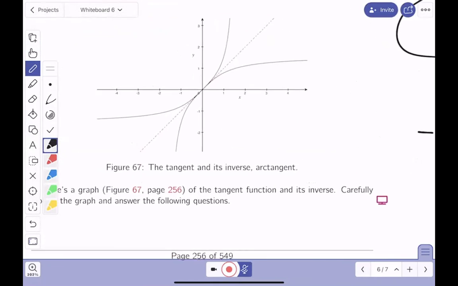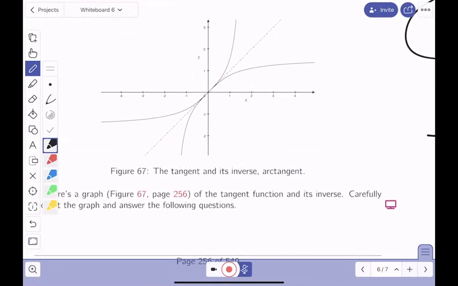This was a little strange looking. So I'm going to say this is tangent, its inverse. Well, I think you know what I'm going to do. I'll write this down. Y equals x. I'm going to draw the tangent function, which looks like this. This is the invertible region, by the way.